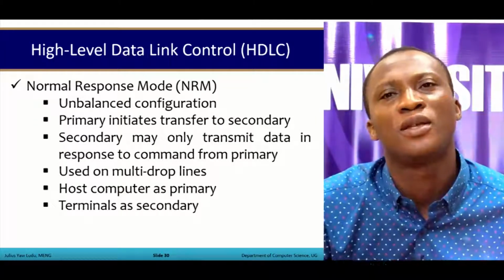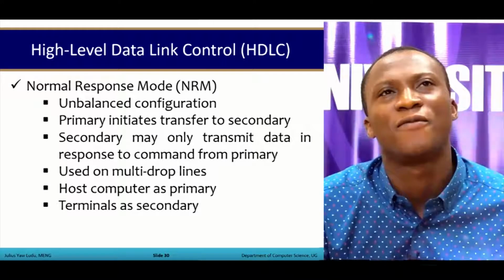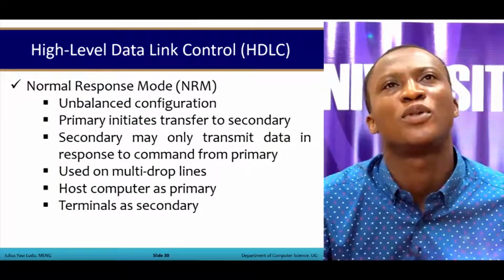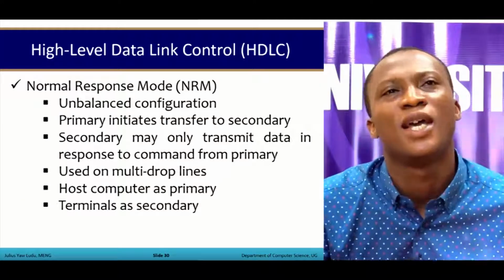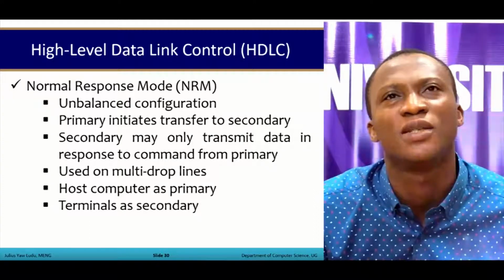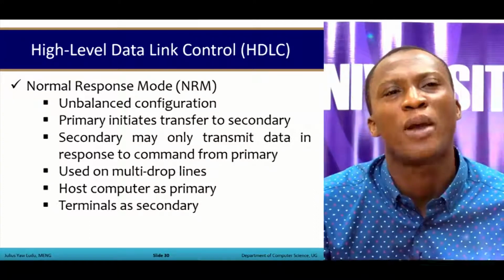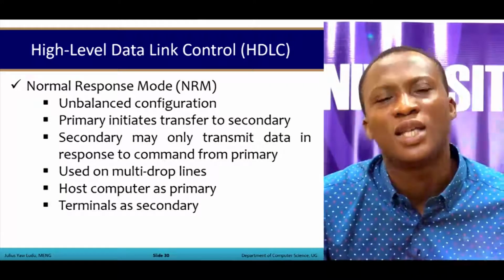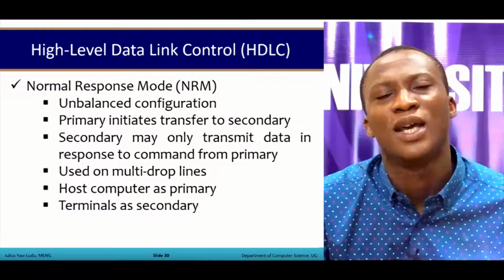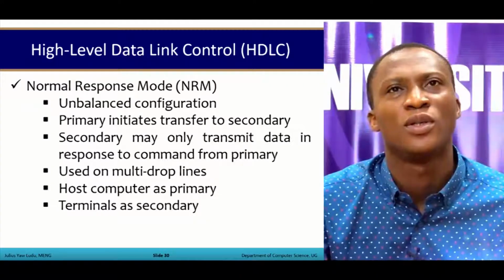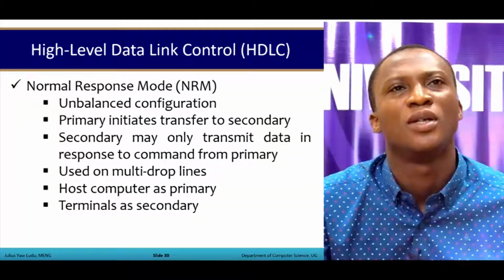Now we have 3 types of data transfer. The first is the normal response mode, and here it makes use of the unbalanced configuration, and the primary station initiates the transfer to the secondary, and the secondary only gets to respond to the command from the primary.